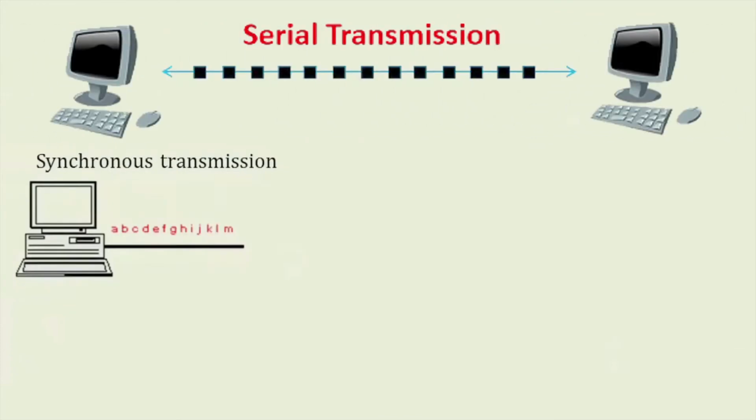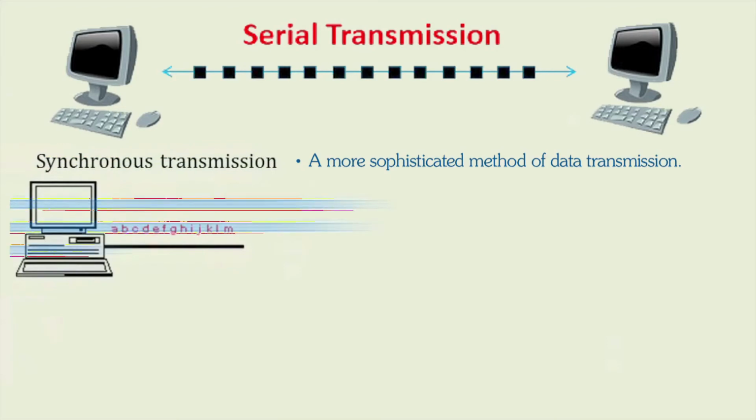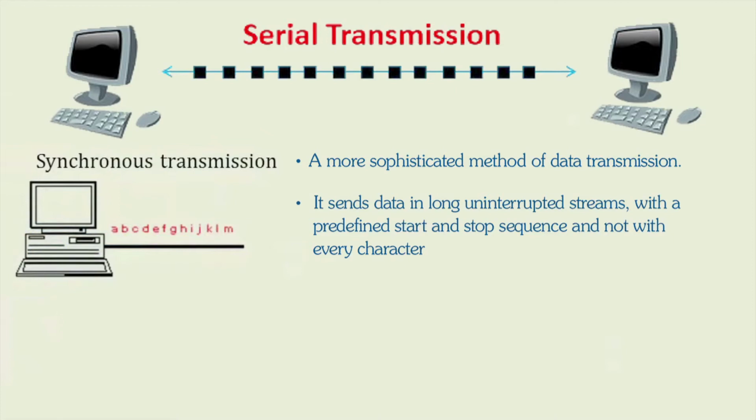Now come to synchronous transmission. A more sophisticated method of data transmission is the synchronous mechanism. It sends data in long uninterrupted streams with a predefined start and stop sequence, and not with every character.